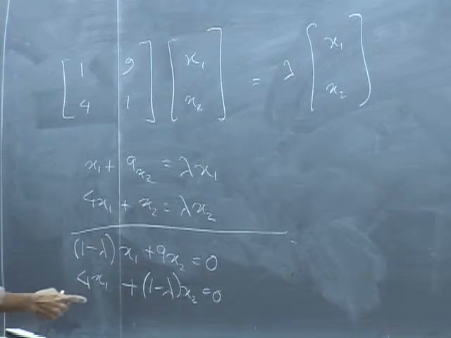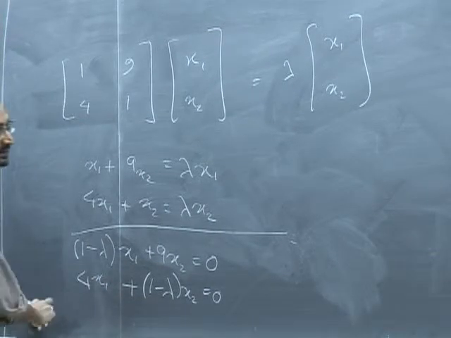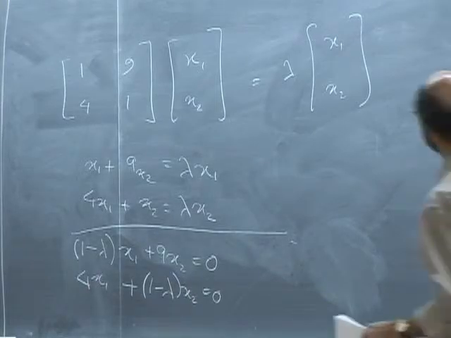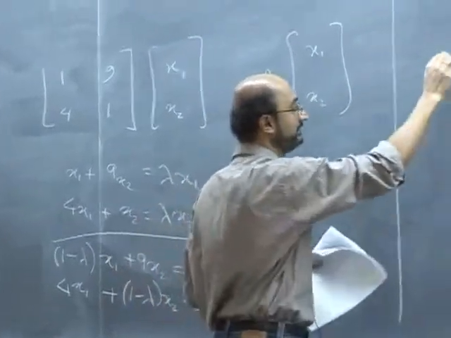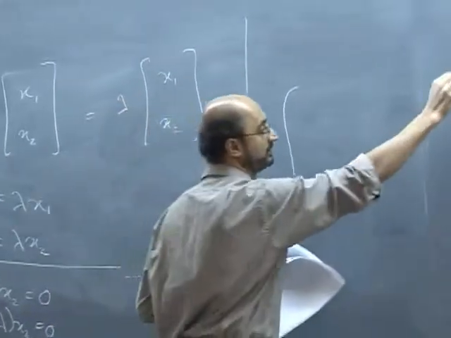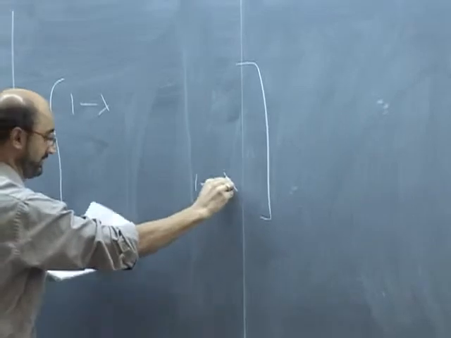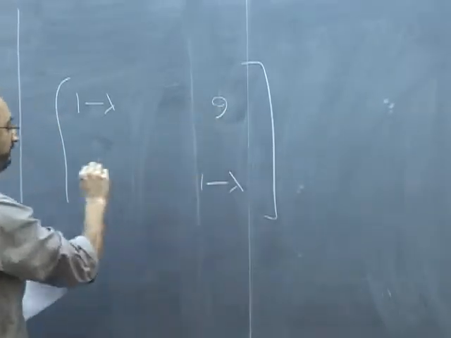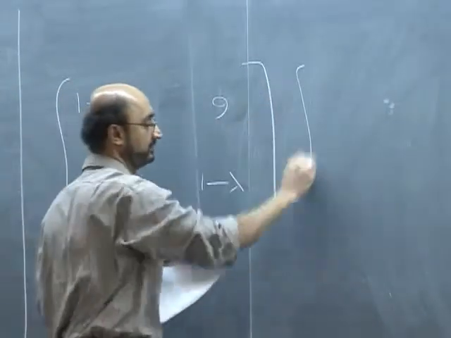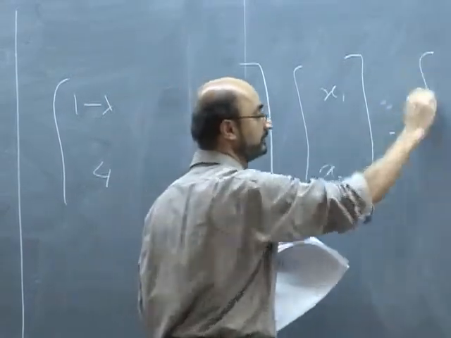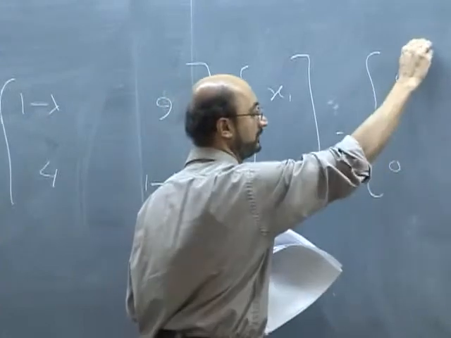And so now I can write this in matrix form again. Here's a matrix: 1 minus lambda, 9, 4, and 1 minus lambda again, times x1, x2 equals the 0 vector, 0, 0.